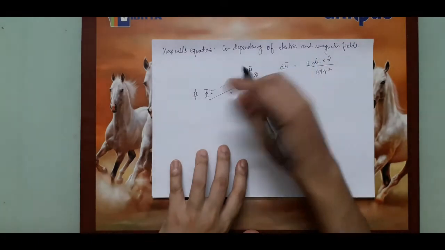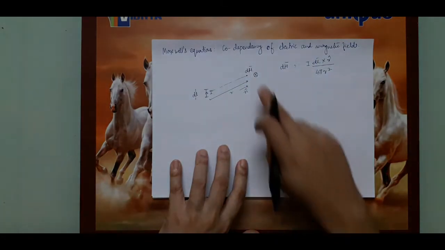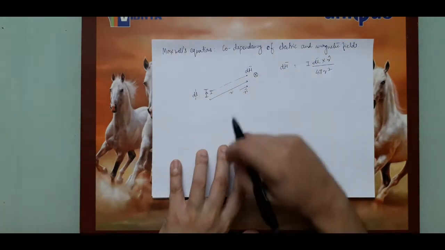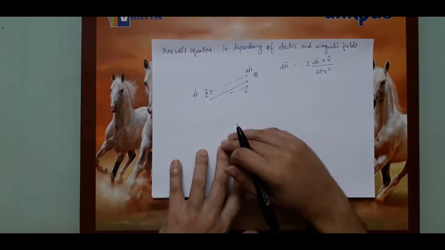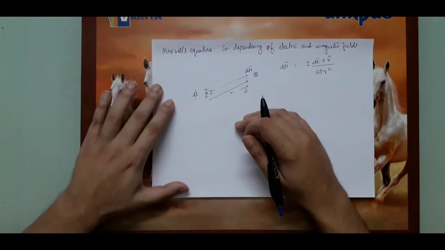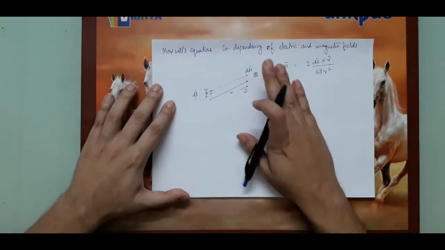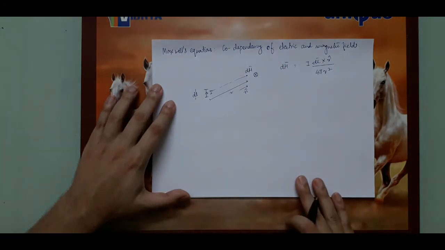So suppose because of this DC current element, there is a DC magnetic field also which exists, or a constant magnetic field.